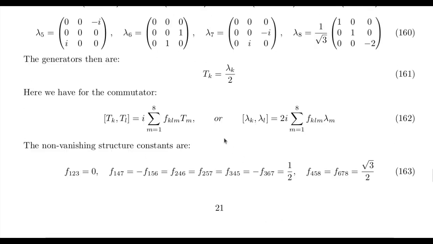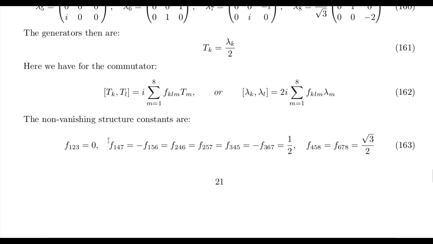Here again we can write down the commutator with the generators T, or we can write the commutator with the Gell-Mann matrices. Here the f factors are the structure constants, and the non-vanishing ones are written down here. Others are 0.